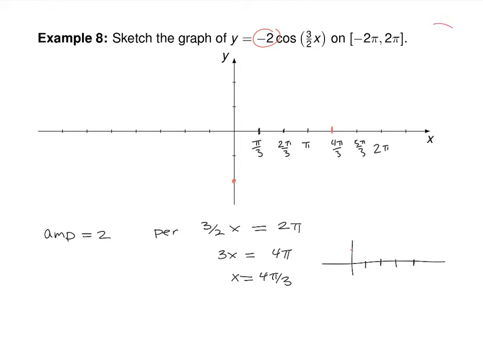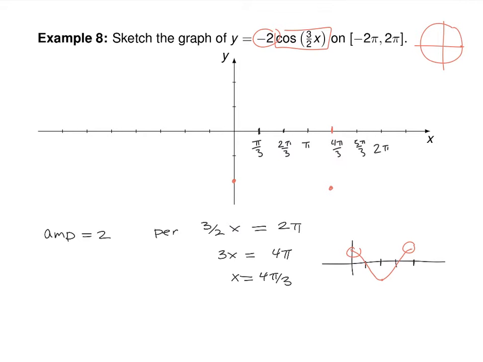Because if you look at your unit circle, cosine of 0 is 1, and 1 multiplied by -2 makes it -2. And then the basic cosine function usually does this kind of thing. It has the same point at beginning and end. So this one at 4 pi thirds is going to end at -2.